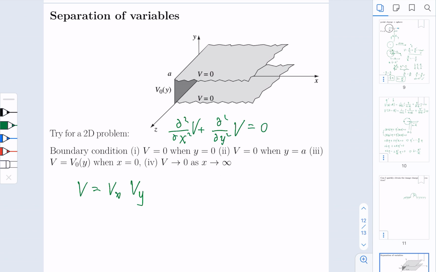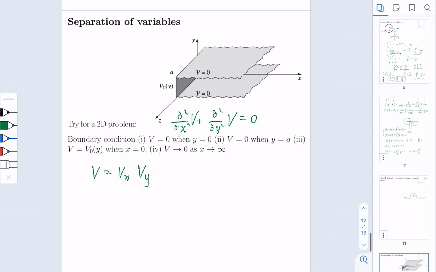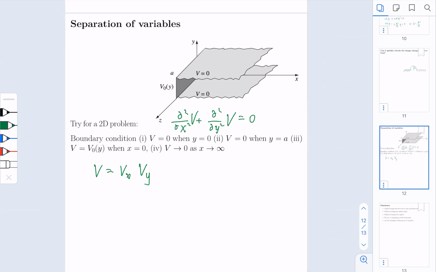Now let's see if we can actually work this out. We can plug this expression in, and here, because the partial derivative in x squared only applies to the v of x, this can be pulled out.